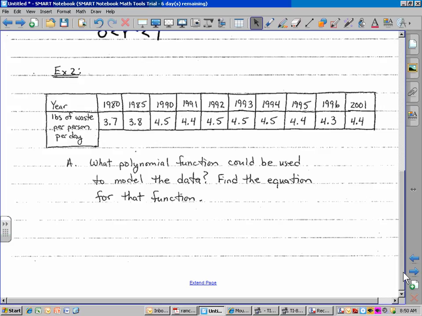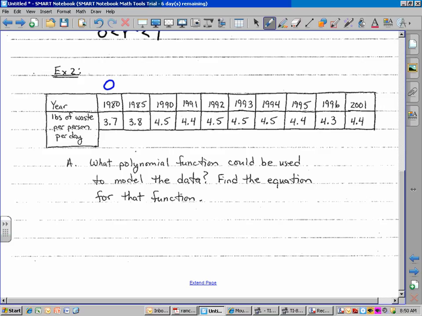Part A, what polynomial function could be used for this model? Find the equation for that function. So basically, we're going to do pretty much the same thing we did in the last example. One thing I do want to caution you on: when you are using years, I highly suggest whatever your initial year is, you make that 0, or make something near it 0.